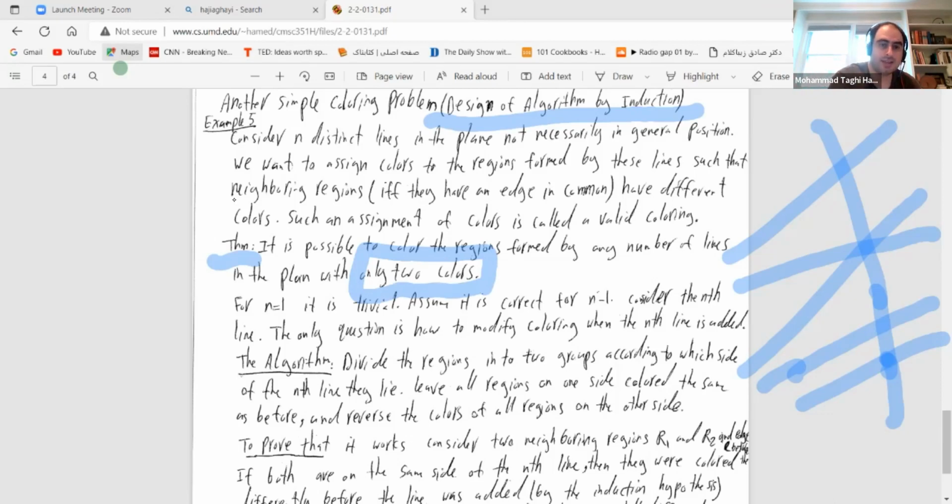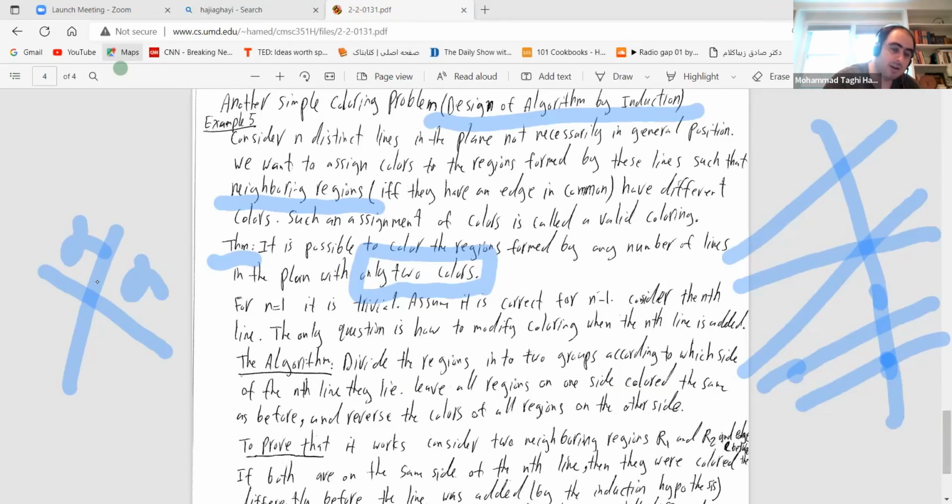If we have two neighboring regions, what's the meaning of neighboring regions? Any two regions that share an edge, a line between them, will be called neighbors.